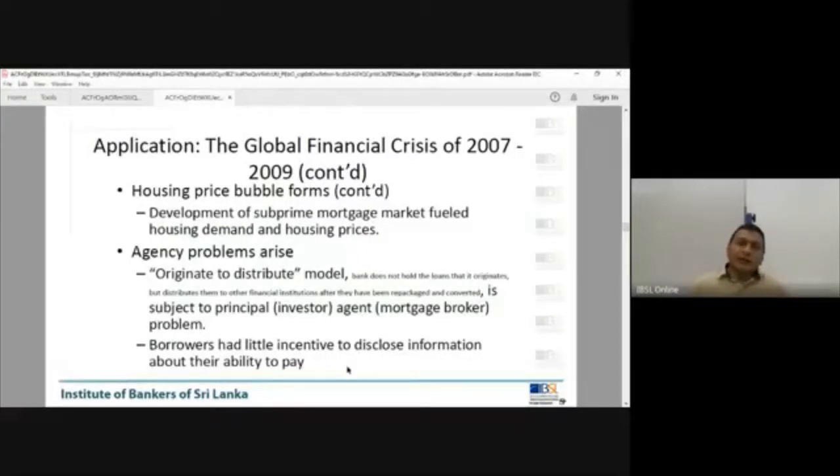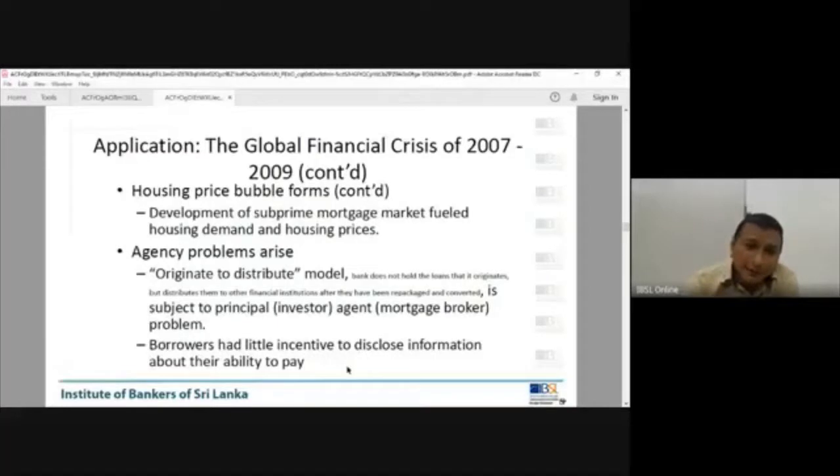The housing prices were simply increasing, and the expectation was always there that this increasing tendency would continue for a longer duration. Then gradually, by the 2005-6 period, so-called agency problems started cropping up.